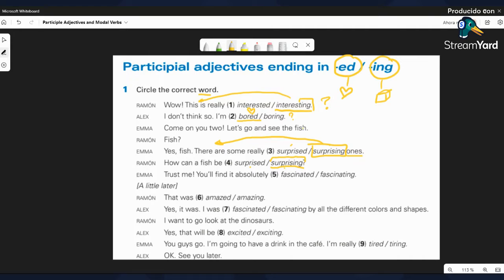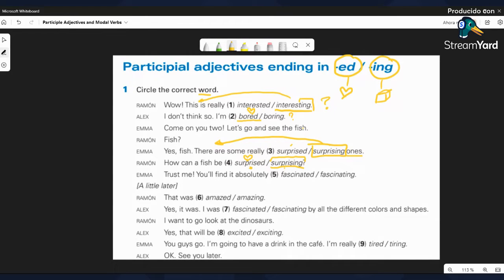If I were answering with surprised, that means that I want to express the feelings of the fish, but that's not really the intention of Emma. The intention is to express the types of fish that you probably will find there. That's why the answer is surprising. I'm describing the fish, not the feelings of the fish.